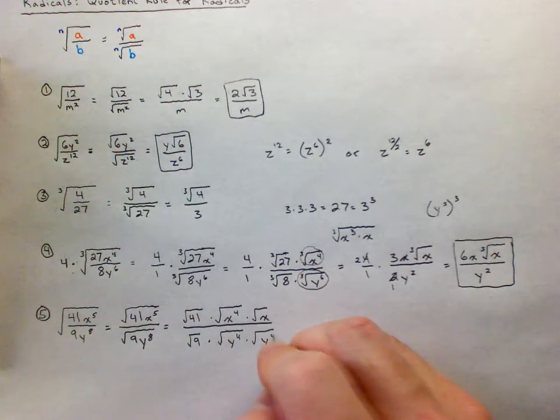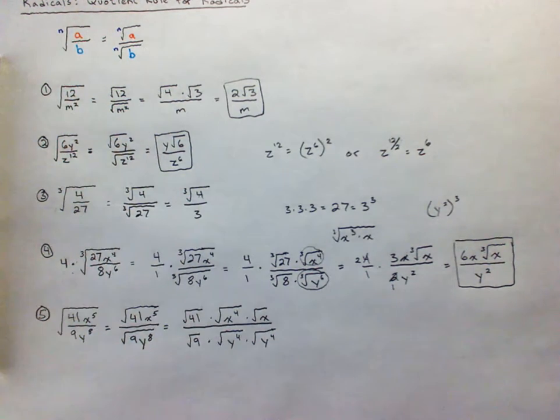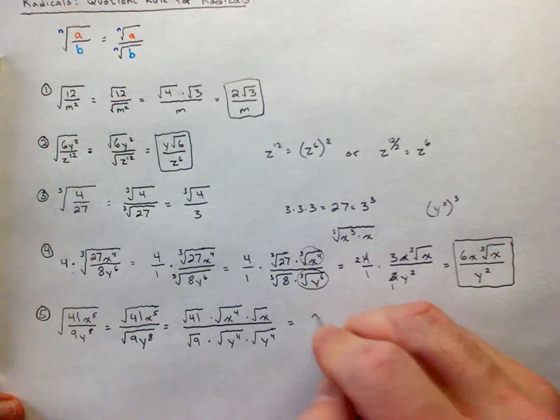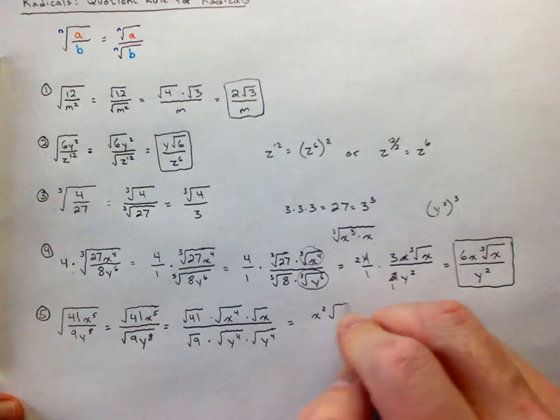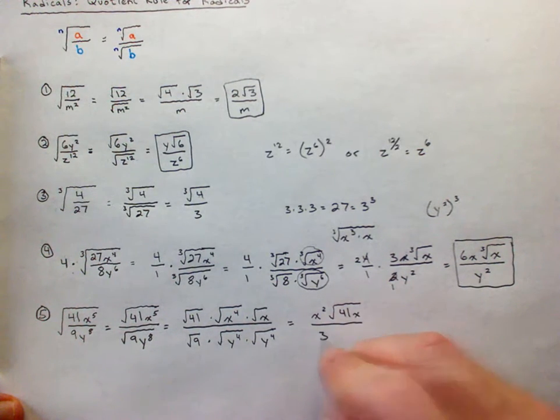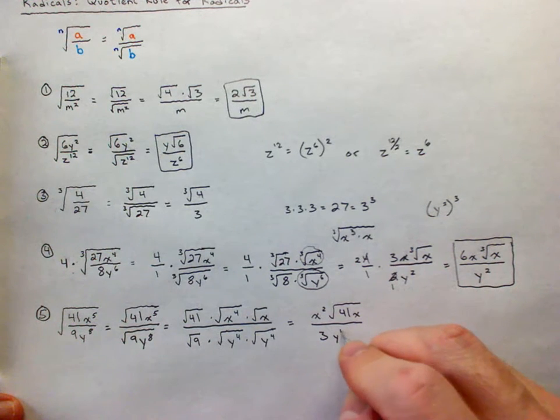And I went ahead and wrote it like this this time to be able to help us. X squared, 41x over 3 y to the 4th.